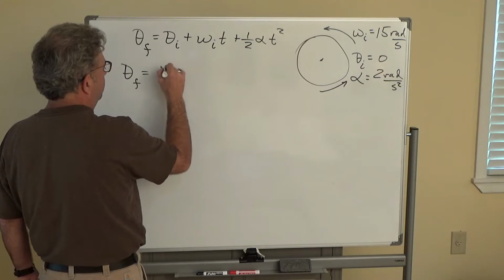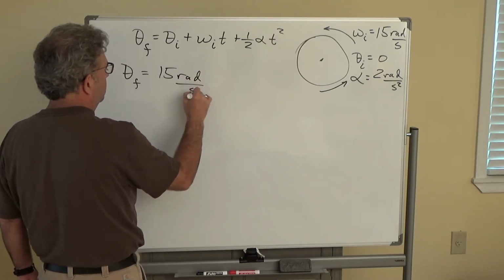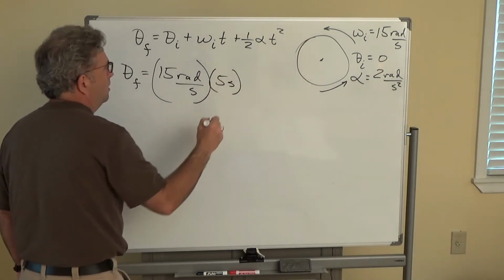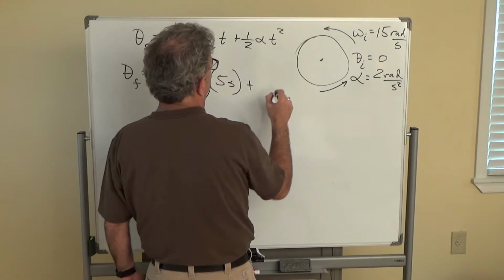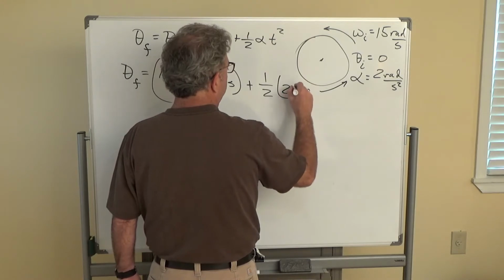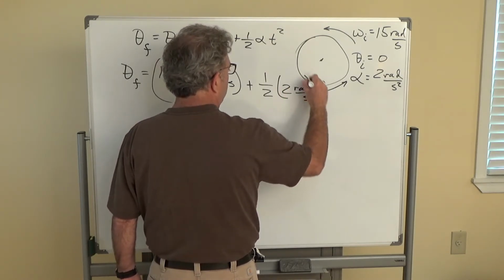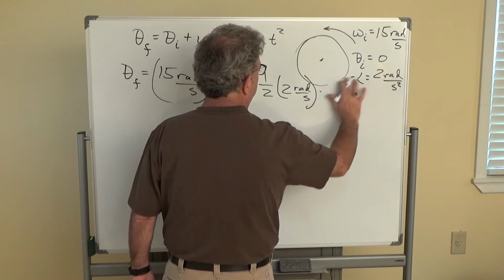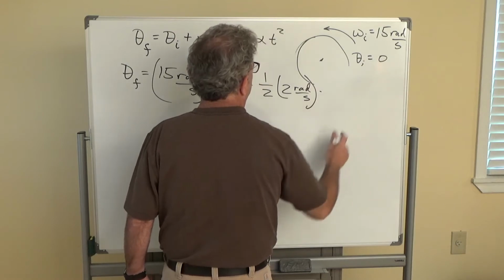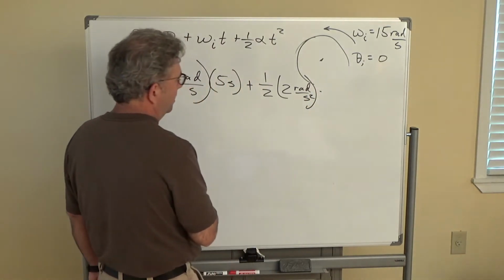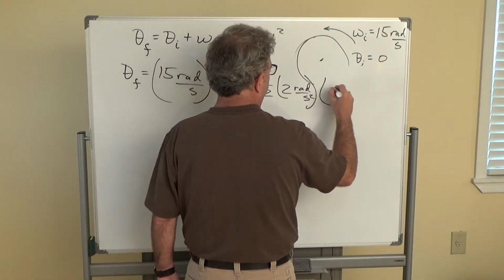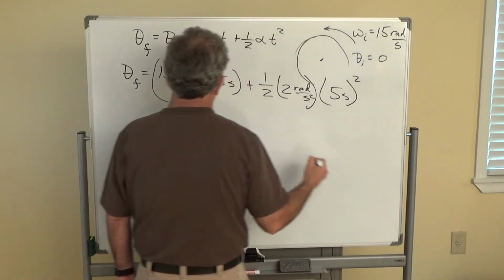Omega initial is 15 radians per second times 5 seconds plus 1/2 alpha, which is 2 radians per second squared, times t squared, so 5 seconds squared.